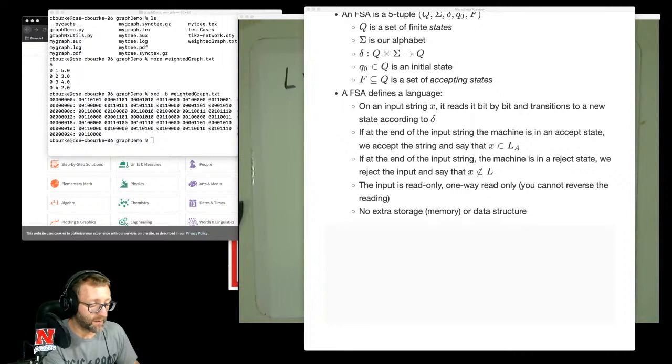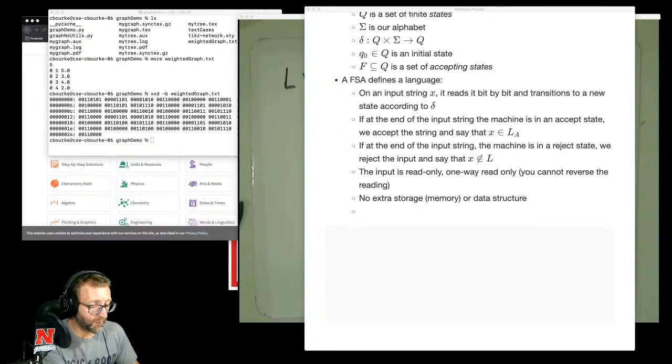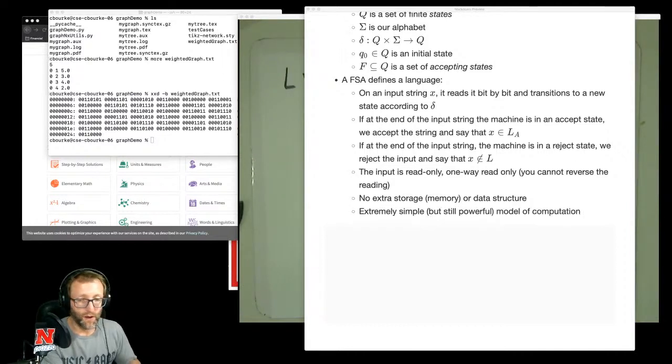Right? It's an extremely simple but still powerful model of computation. Right? It can compute a lot of stuff, but there are some things that it can't compute. It can compute the parity.